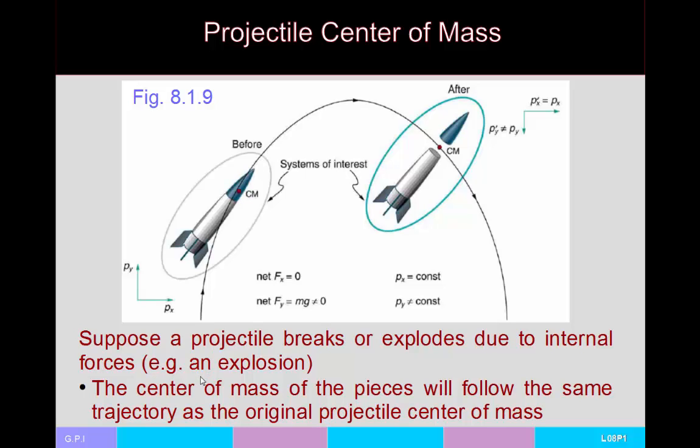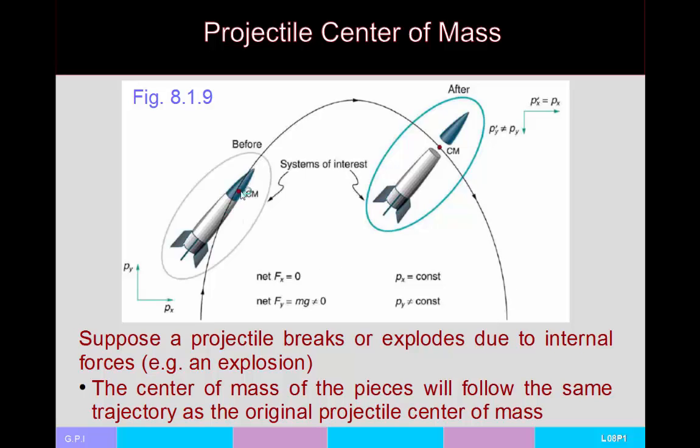And the idea here is that there's some explosion. For example, with a staged rocket, very often what happens is they blast off the bottom part of the rocket when they've expended the fuel, and then the top part kind of continues on its own way. So before it's a single rocket, after it is sort of separated, but the center of mass actually stays on this trajectory.